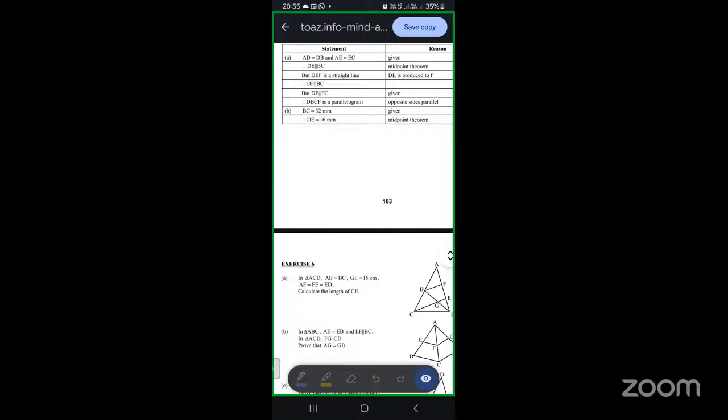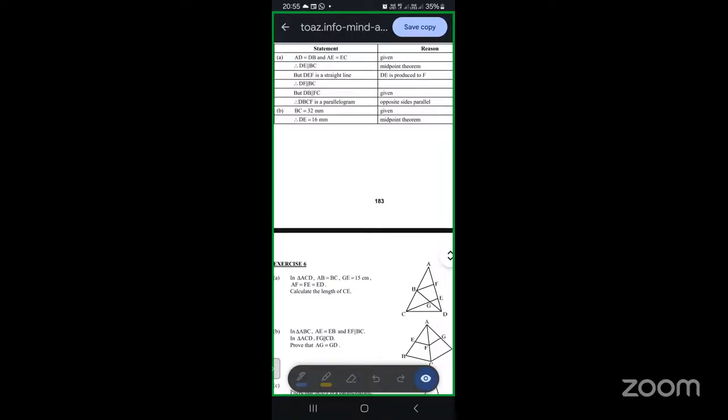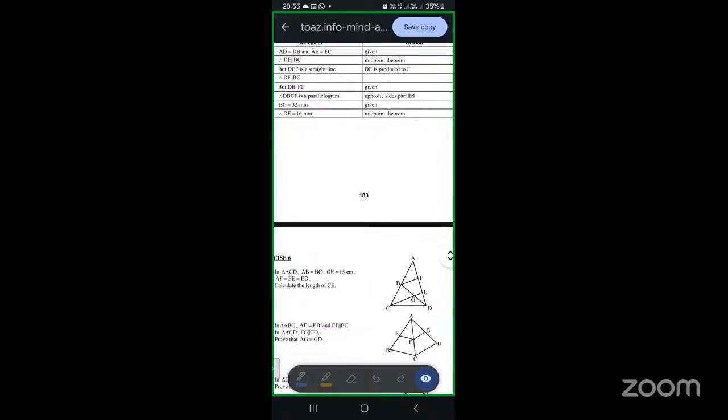And then they are given that, let me just highlight that, AB is equal to BC. This is equal to that. That is very important. And GE is 50.